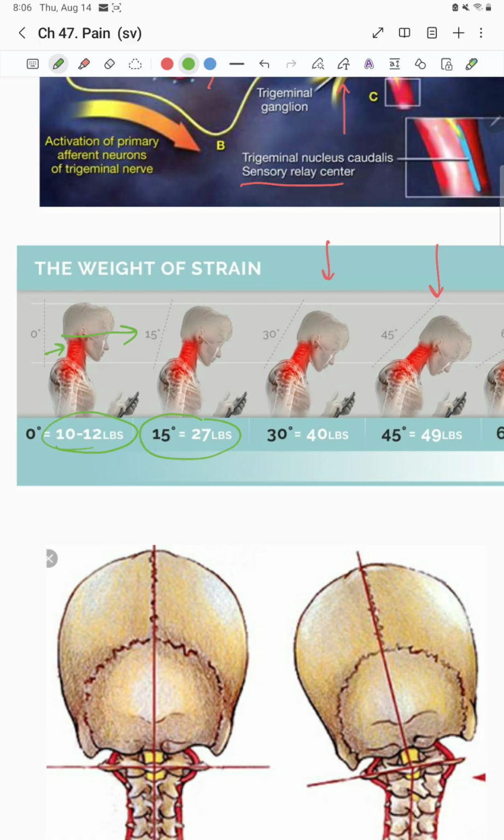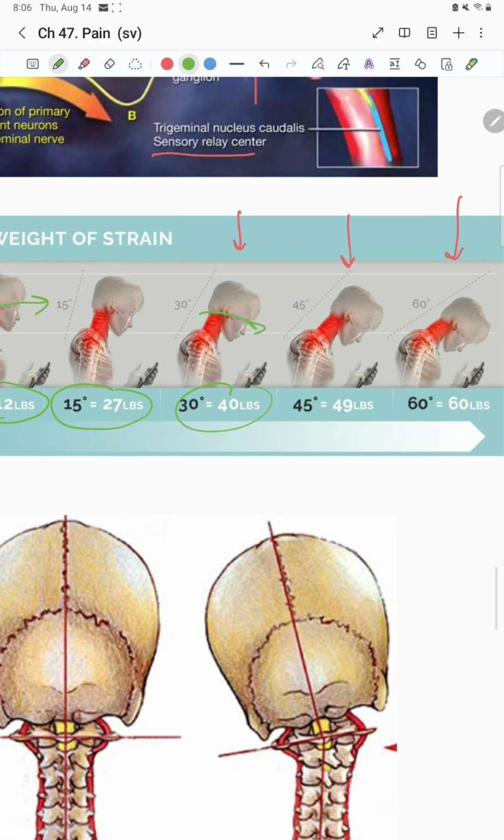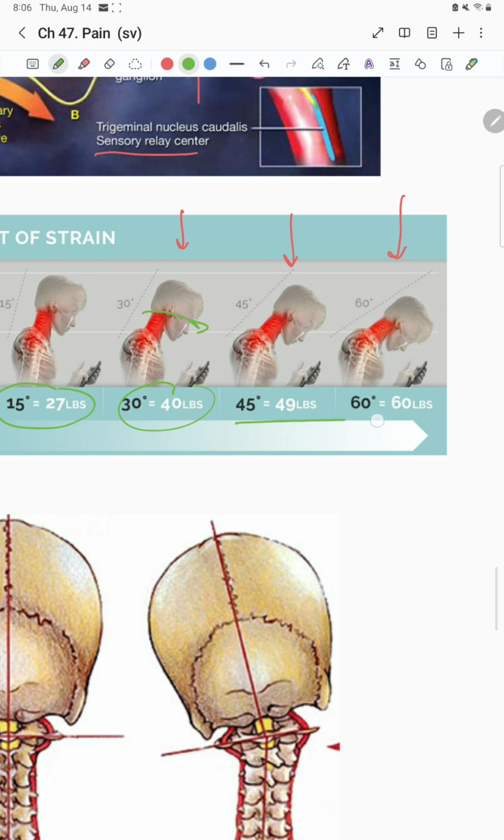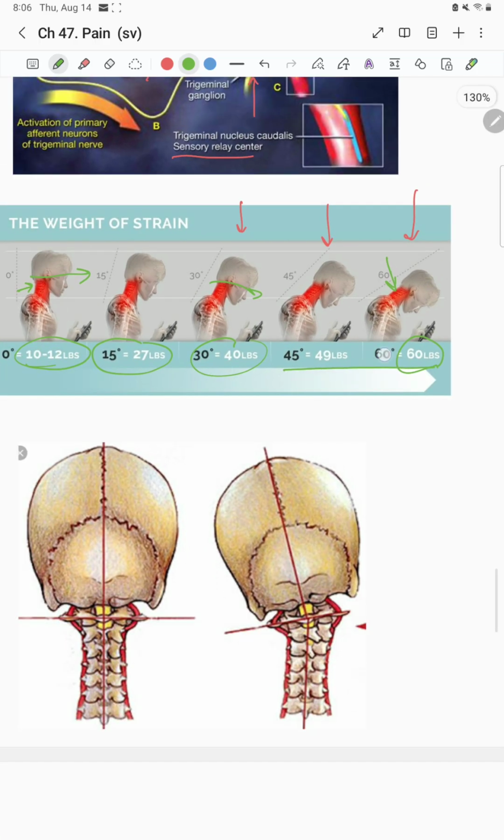At 15 degrees, about 27 pounds. At 30 degrees, 40 pounds. And then between 45 and 60 degrees, it's up to 60 pounds of pressure equivalent that the suboccipitals and the posterior neck muscles are experiencing.